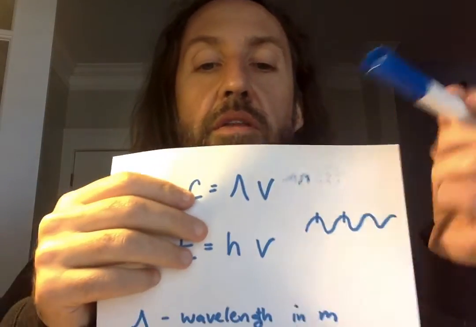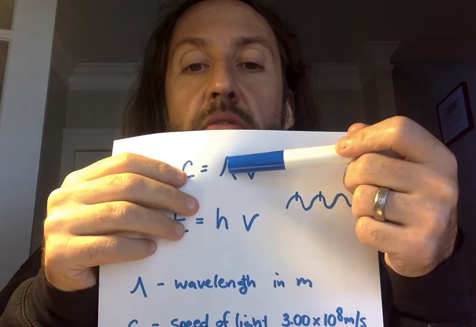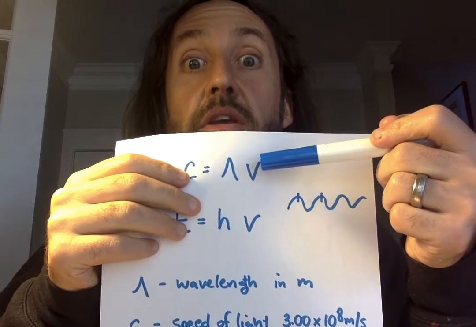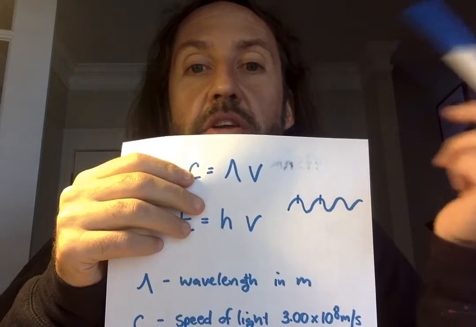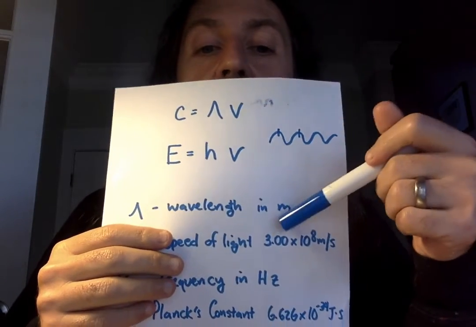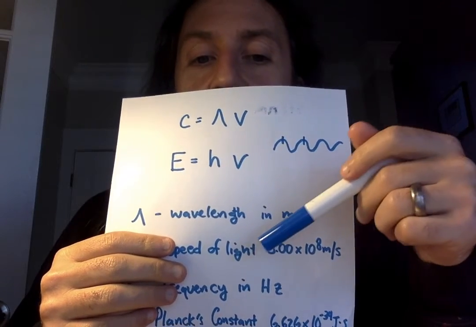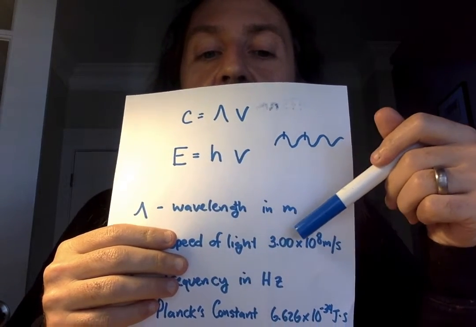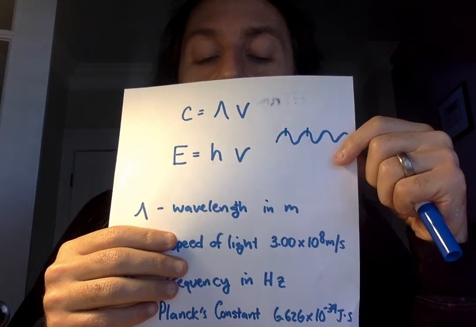It's how many come by per second. So you get your wavelength, which is in meters, your frequency in per seconds. You multiply them together, you get meters per second, which is c, the speed of light, speed of electromagnetic radiation at 3 times 10 to the 8th meters per second.